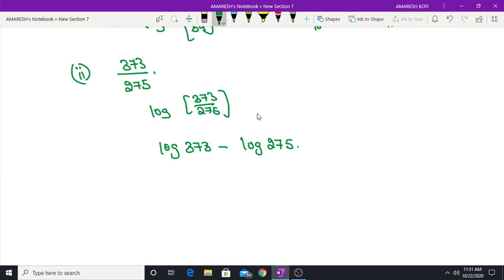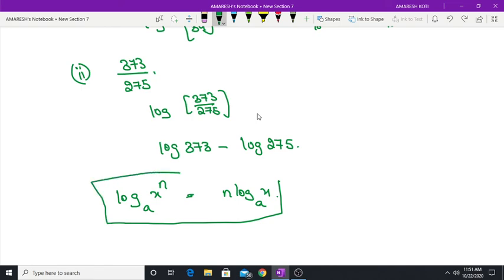So there is another formula also. Suppose it is given like log x power n to the base a, it can be written as n log x to the base a. This is another formula.